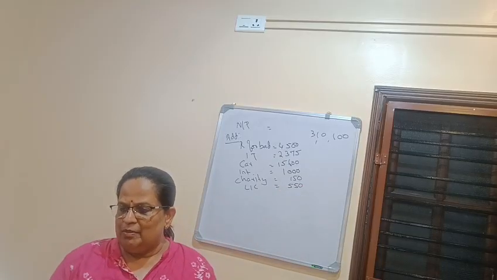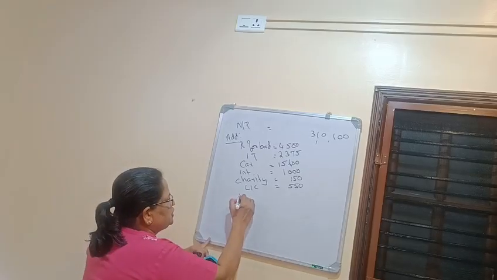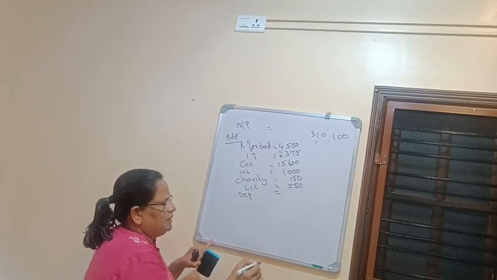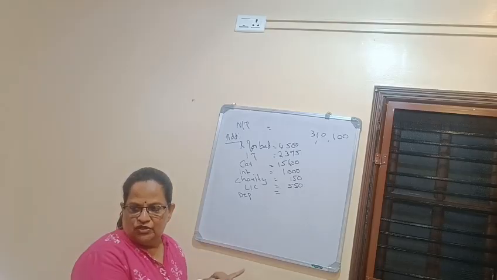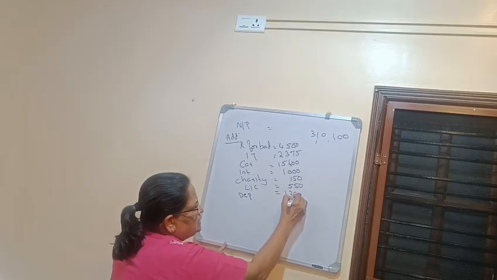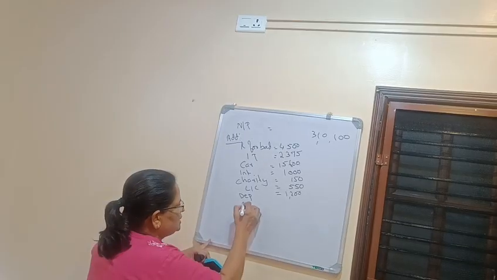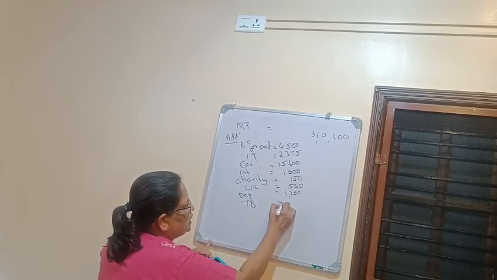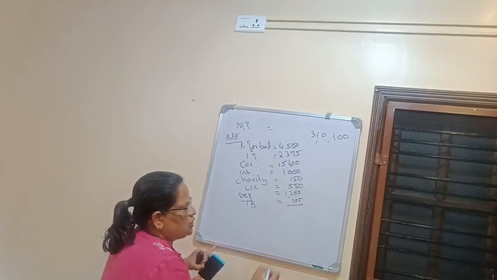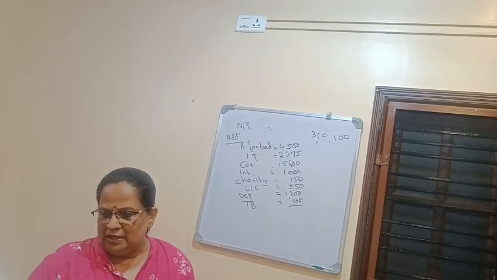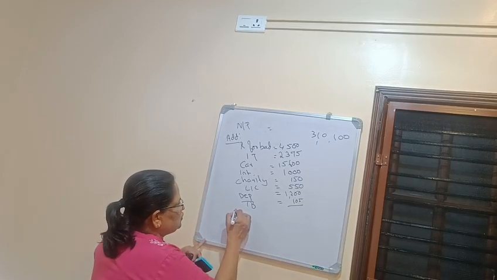Next is depreciation on building and furniture. Whatever is given in the profit and loss account, 1,200. Actual depreciation given in the adjustment, we will adjust later. Difference in trial balance 105. Drawings by the proprietor 6,000.